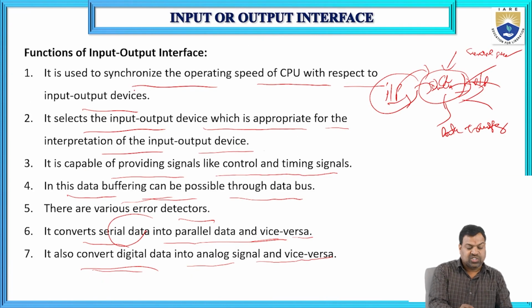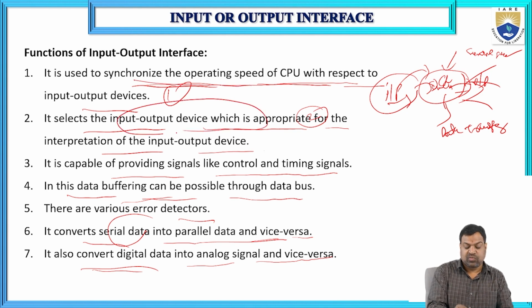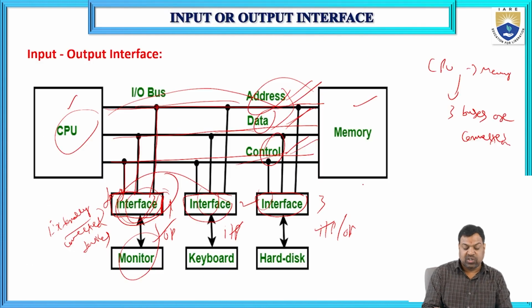So, what are the functions? First function, synchronizing the operating speed of the CPU with respect to input and output. Second, to select the input output device appropriate for the interpretation, and capable of providing signals like control and timing signals. Why am I going for the control and timing signals?